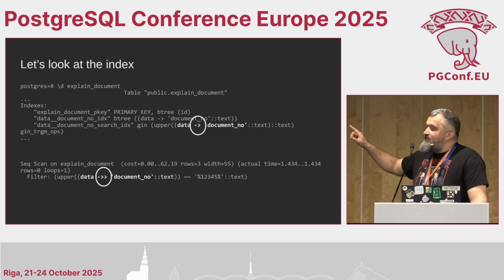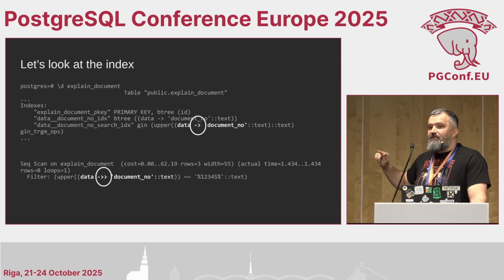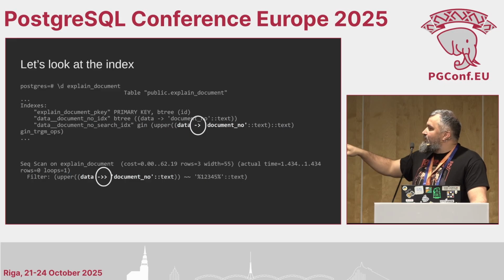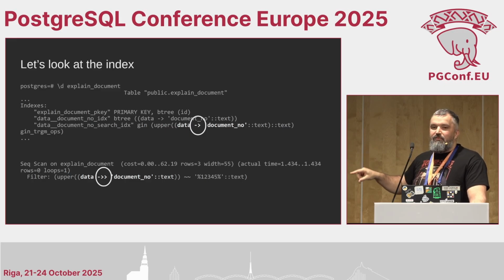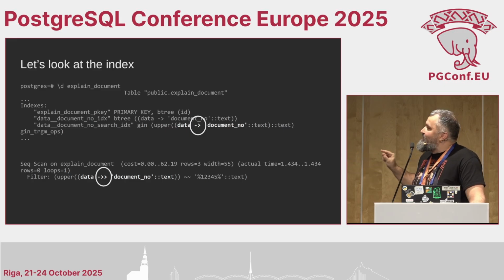One of them says retrieve any JSON object having this key document number. So it might be an array, it might be another JSON object, it might be a number, it might be a string. The second one says retrieve document number as a string. In practice, they are kind of the same, but for the database, strictly speaking, it's not the same.